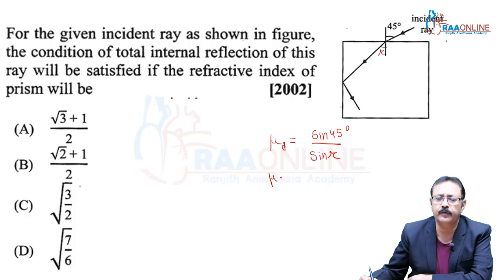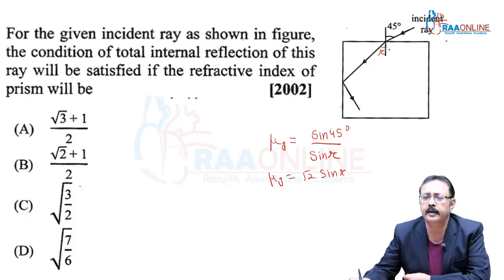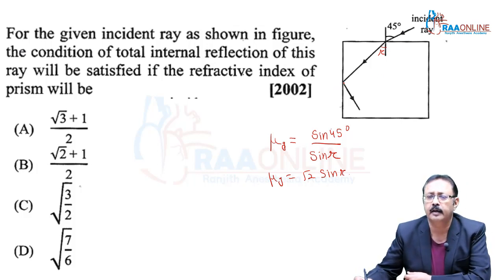So mu g is equal to sin 45 by sin R. If this angle is R, this line is parallel to this line. This angle is 90 minus R, it is 90, so it should be R. And this angle should be 90 minus R.